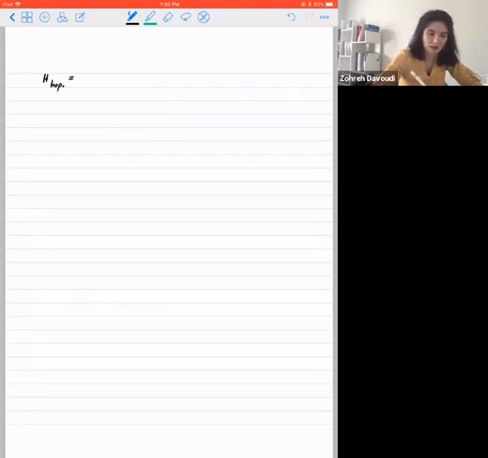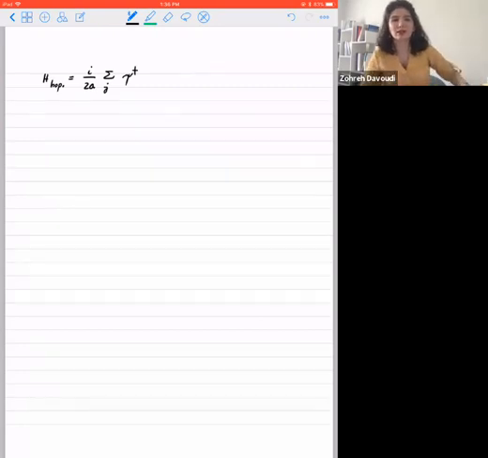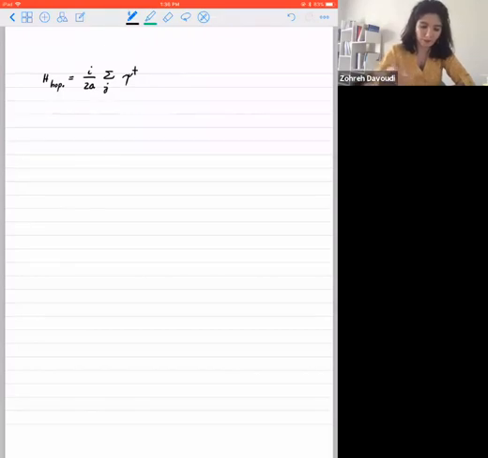So H hopping is i over 2a sum over j of psi dagger. So remember, these are now just one component fields, so there's no gamma matrix in the picture anymore. These are just the usual complex conjugate of these one component fields at site j.